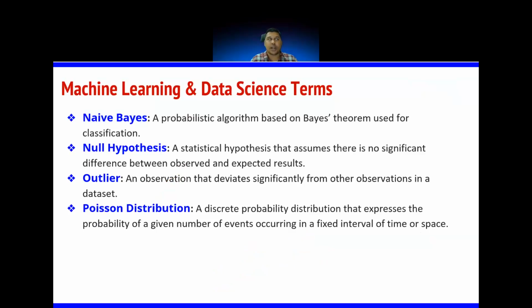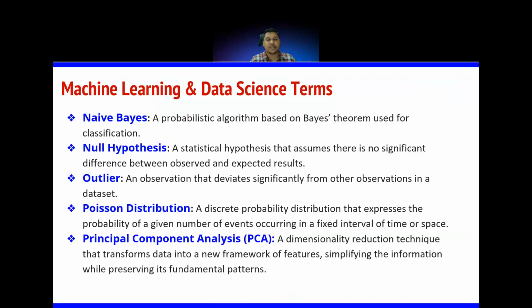When you want to find the probability which is linked with time, you apply Poisson's distribution. What is the formula here? P of x is given by lambda power x, e power minus lambda, divided by x factorial. The probability of an event happening is found using this equation.